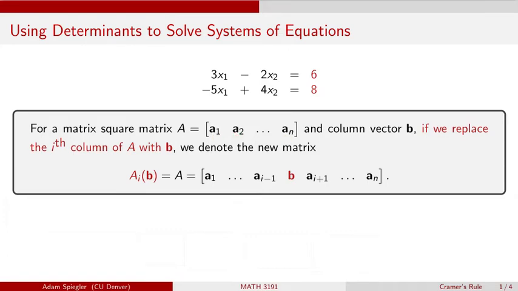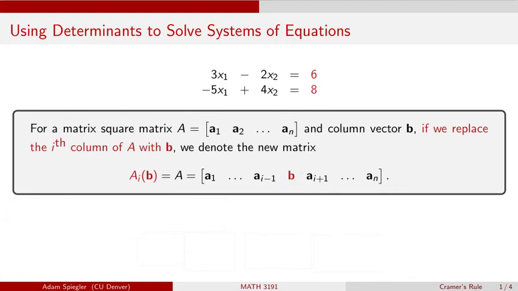These denote the n column vectors that make up matrix A. And let's consider some column vector B, which has the same dimensions as each of the column vectors in matrix A. If I replace the ith column of matrix A with this vector B, I'm going to denote the new resulting matrix A with a subscript i, indicating which column of matrix A we've replaced with vector B. In other words, I would scrape out whatever column vector Ai is, and replace it with whatever column vector B is.